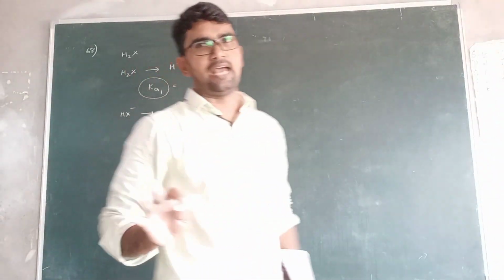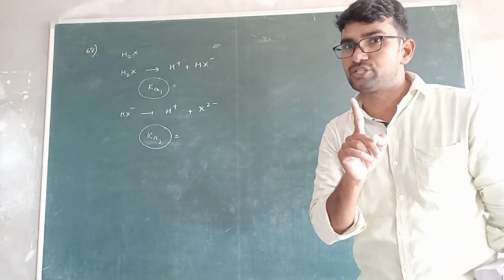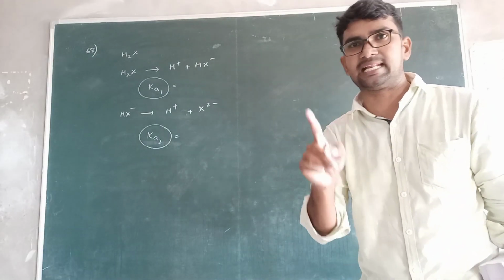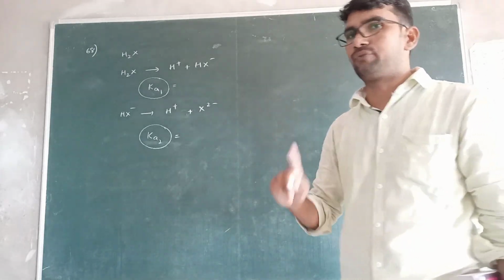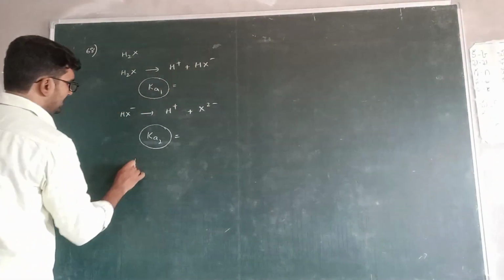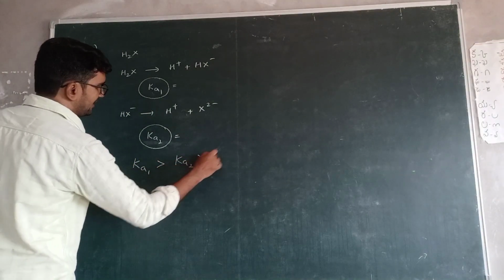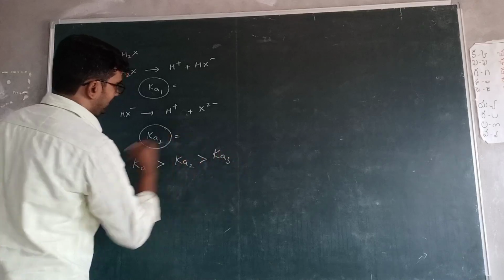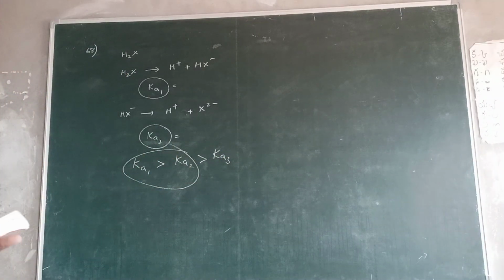Not only for diprotic, for triprotic also, the first dissociation constant value is always greater than the second one, and the second one is always greater than the third one. So what is the simple relation? Ka1 is greater than Ka2 is greater than Ka3. So this is the correct expression for this question. So the answer to 68 is option 2.